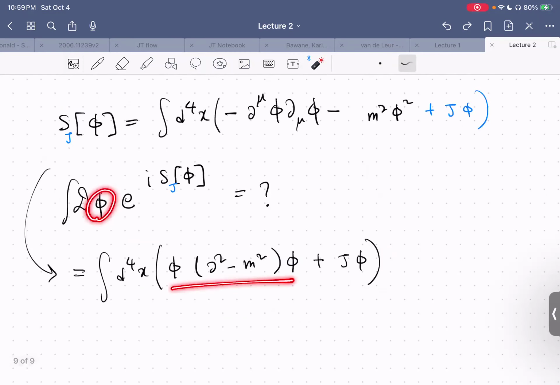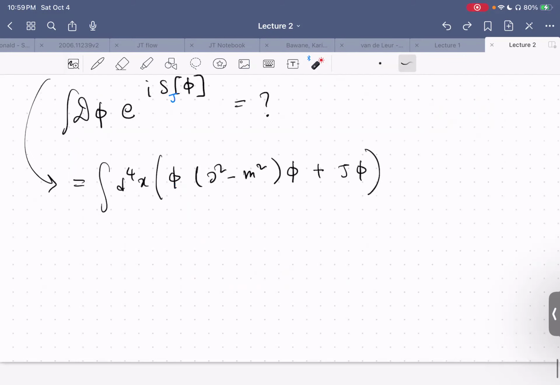We have something quadratic in phi and something linear in phi. So the result, we expect, will again be an exponential, something that is quadratic in the coefficient J, and it will involve the inverse of the operator that appears here, right? So the tricky part really is to understand what the inverse of this operator can mean, all right?